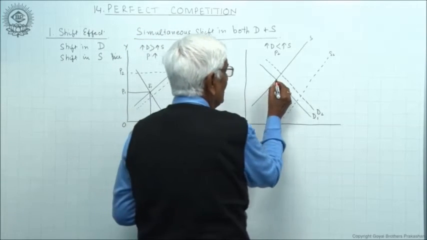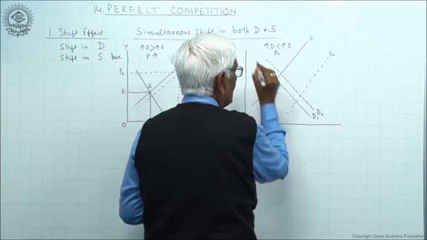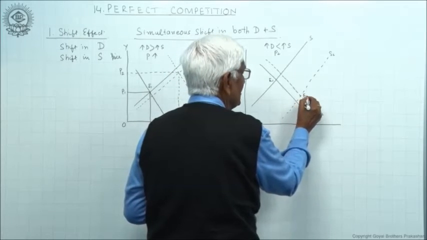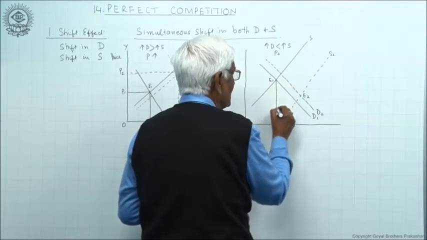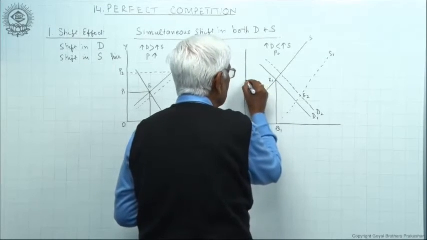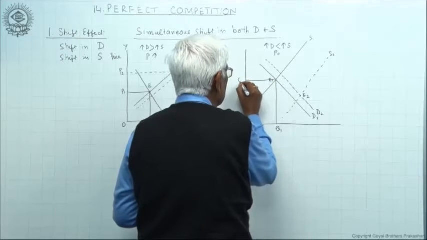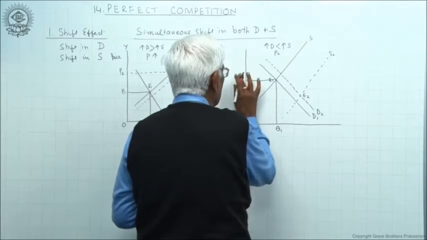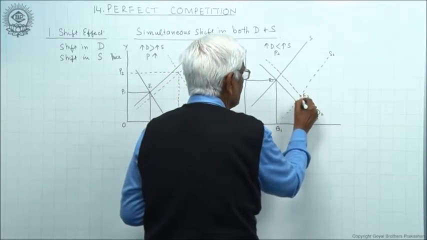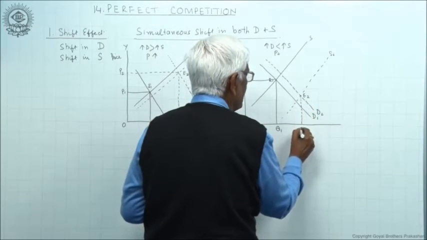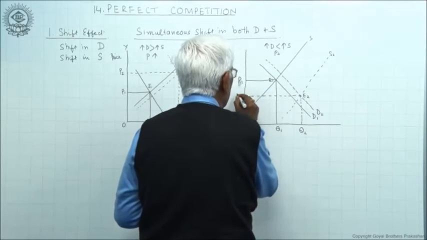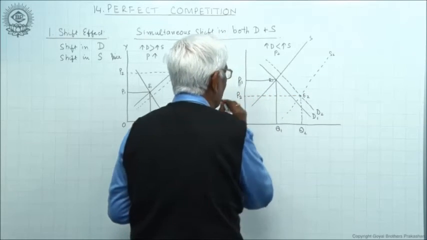So this is your E1 equilibrium. This is new equilibrium. This is Q1. This is P1. Quantity rises and at the same time price falls.